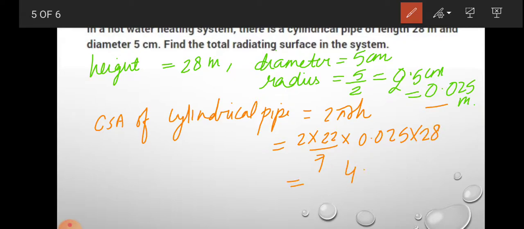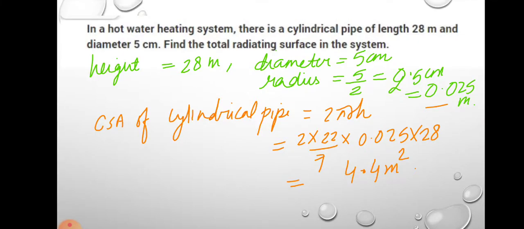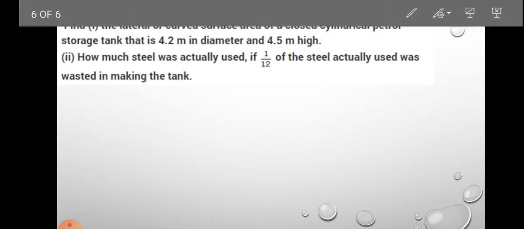On solving this, we get 4.4 meter square. So the area of radiating surface of the system is 4.4 meter square. Next question.